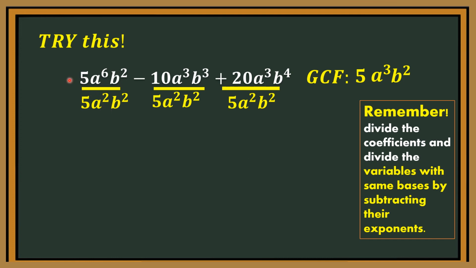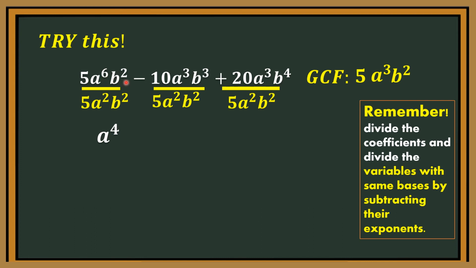Coefficient first, 5 divided by 5, 1. a raised to the 6th power divided by a cubed, same variable. Subtract the exponent. 6 minus 3, 3. So we will have now a raised to the 3rd power.